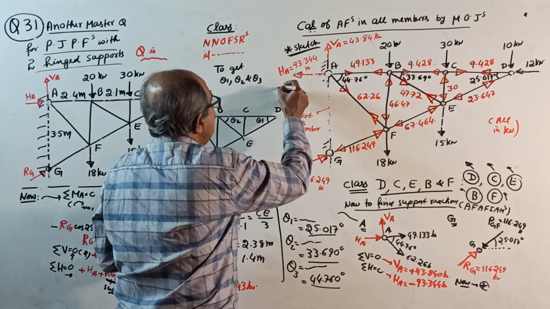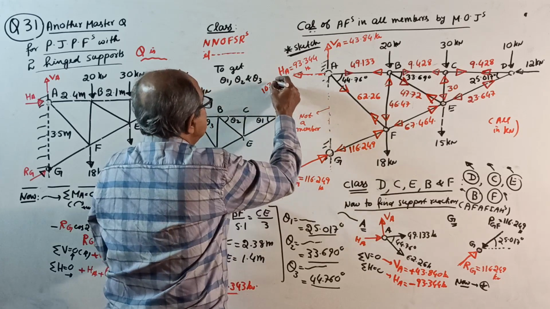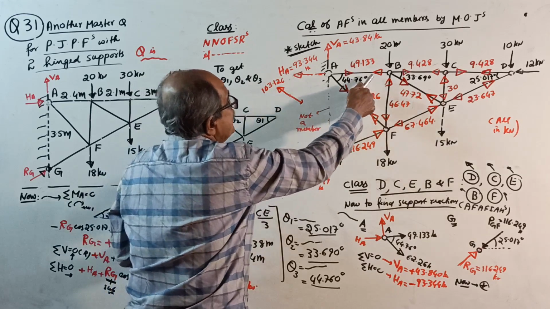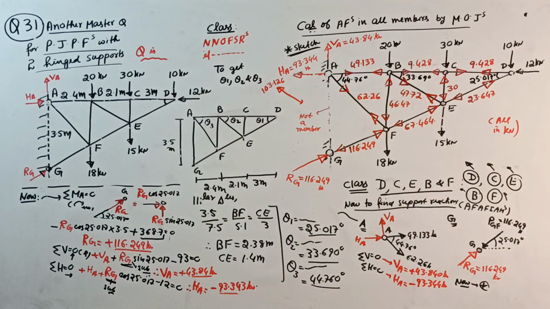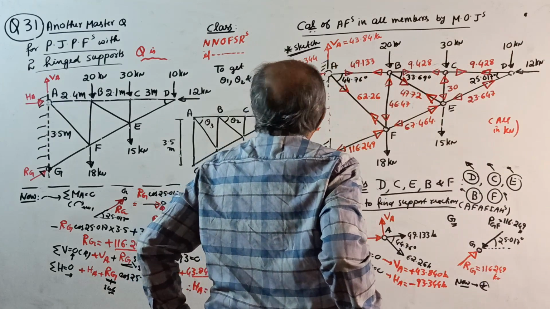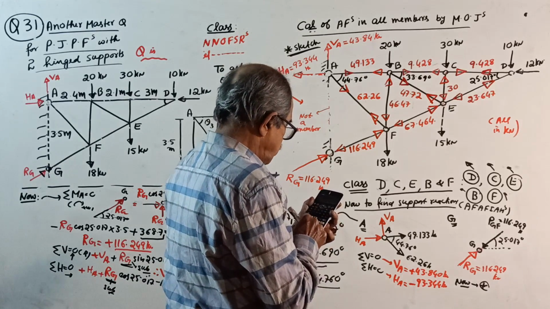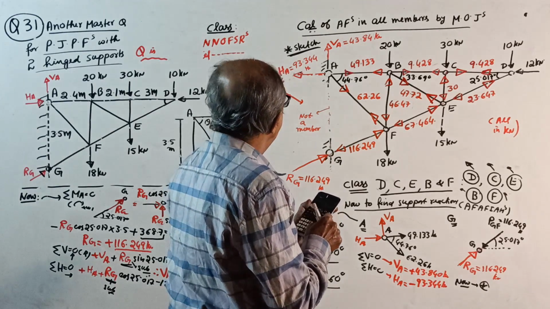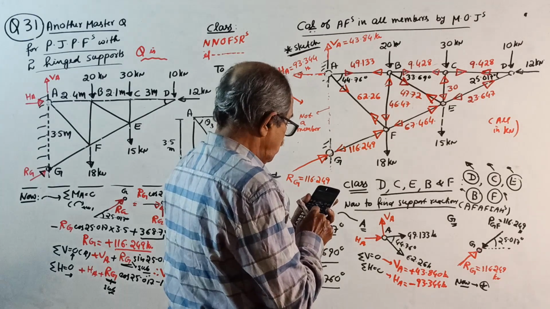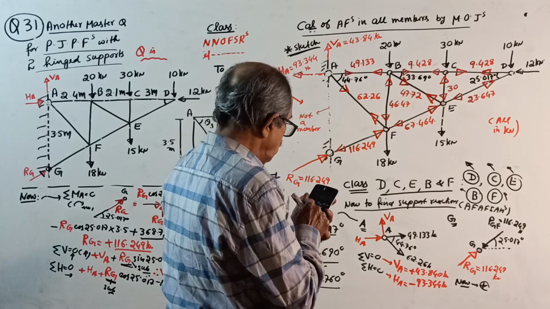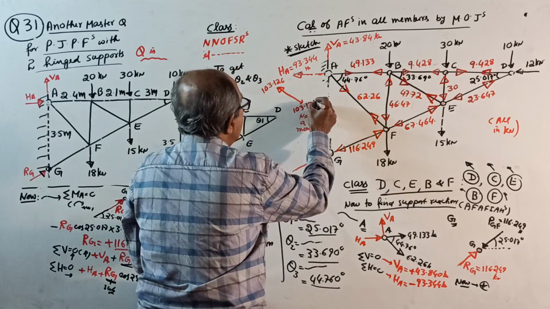The resultant of these two is root of 49.133 square plus 62.26 square plus 2 into 62.26 into 49.133 into cos of 44.76, equal to 103.124. 103.124 came. Okay, no problem.